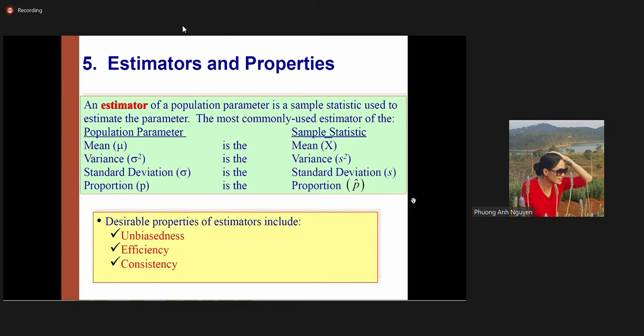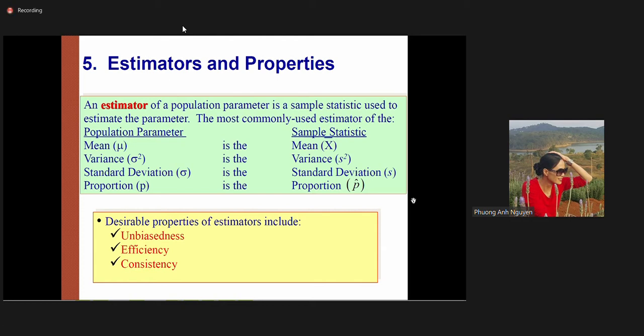Let me remind you what estimators are. By definition, an estimator is a sample statistic that we use to estimate a parameter.